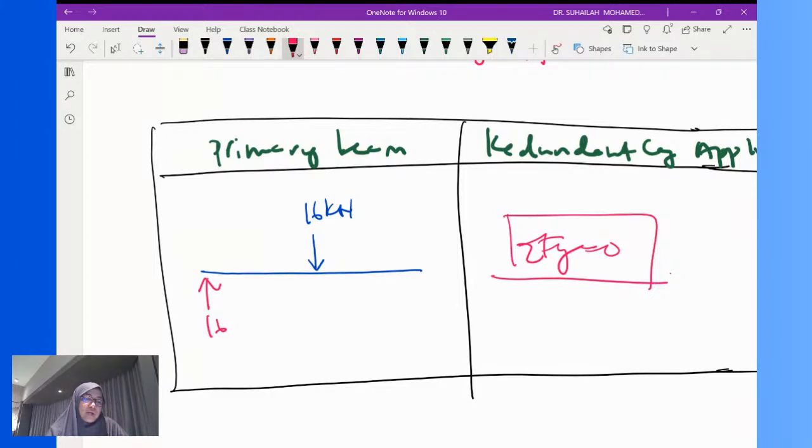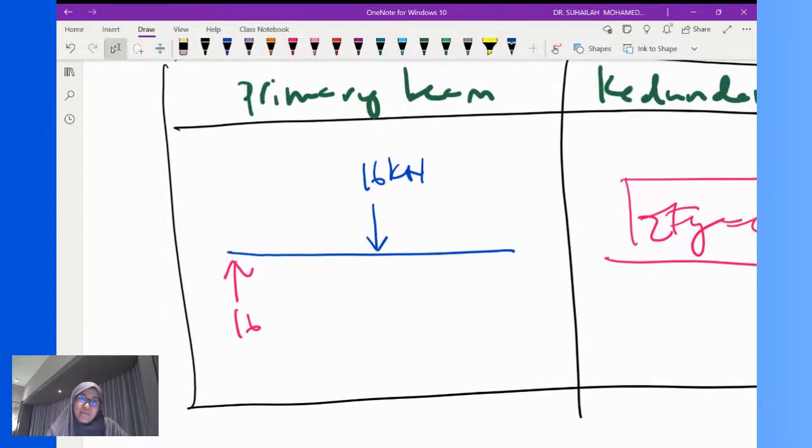Now we have to determine the moment at A for this cantilever beam. It is acting in this direction and the value is 16 times 4. What is the value?